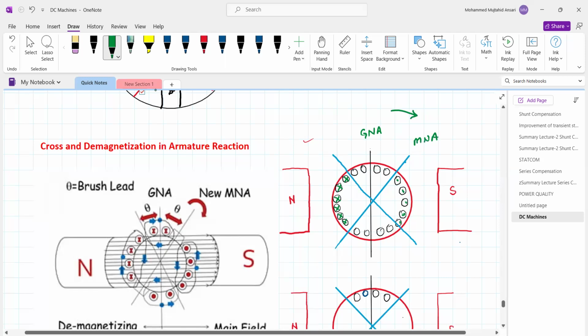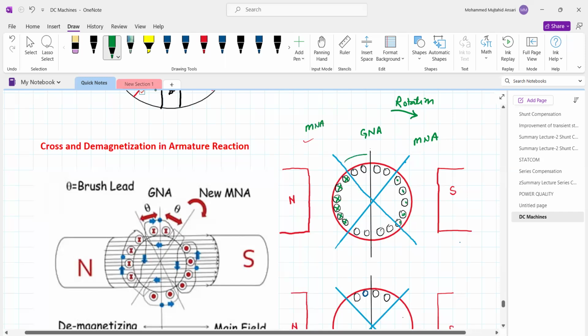This is the direction of rotation of the rotor, and this is for the generator side, because it is in the same direction. If you consider a motor, it is in the opposite side. So this is the magnetic neutral axis for the motor.